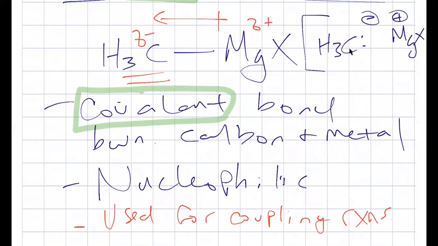I'm going to talk about all of that later. We're actually going to talk about that tomorrow. All right, any questions so far? Used for coupling reactions. We're going to talk about it. I'll give you a generic example now, but we'll talk about it more tomorrow once I send the videos out for that.